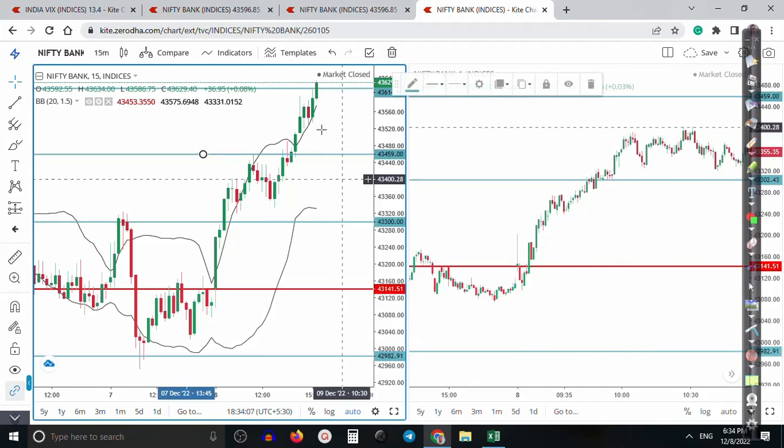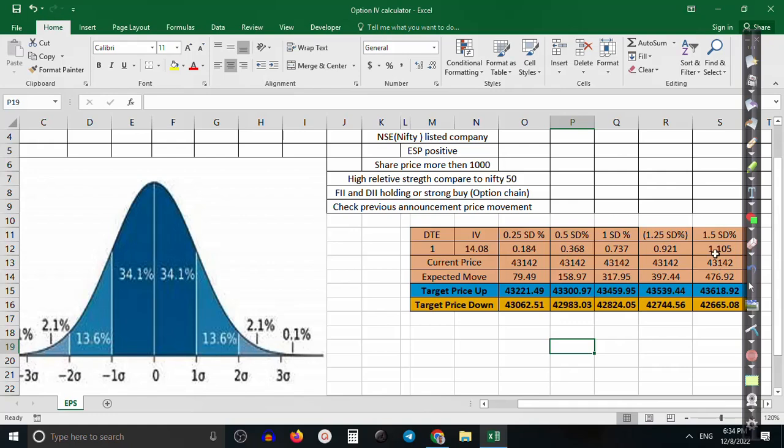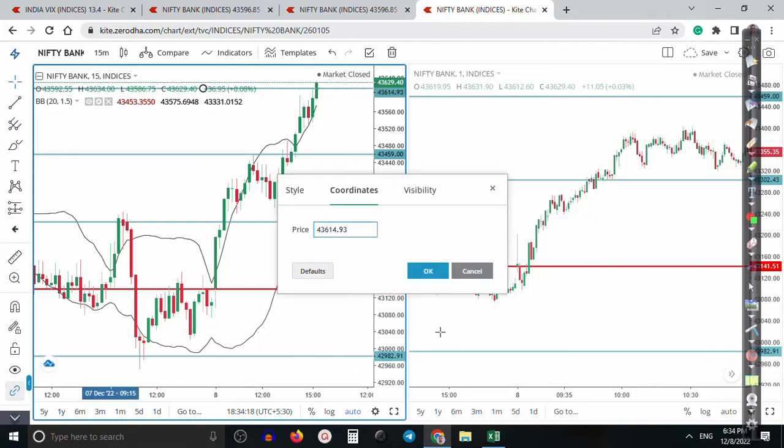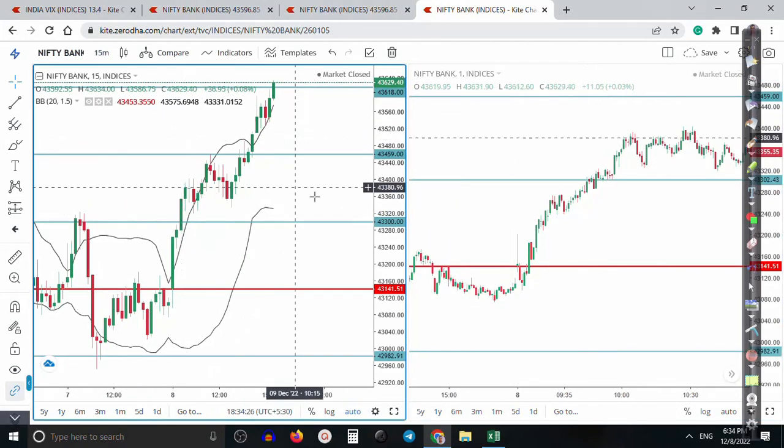And the last standard deviation, 1.5, is 43618. So somewhere here. Let's see.